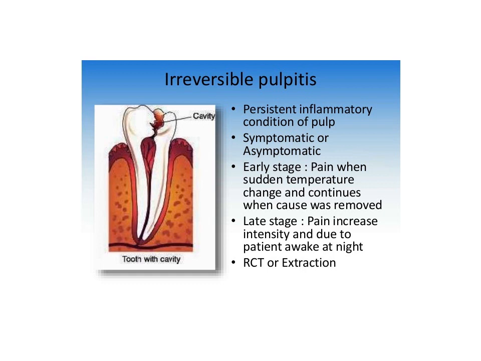This slide has important notes: persisting inflammation, which means acute inflammation, if it is neglected, will reach irreversible pulpitis, which could be symptomatic or asymptomatic. In either case, you should treat it by removal of the pulp.